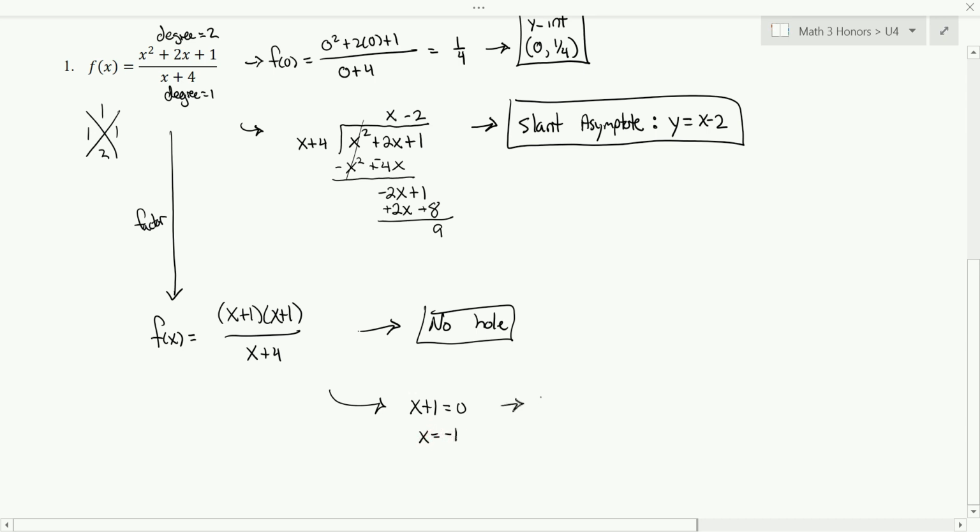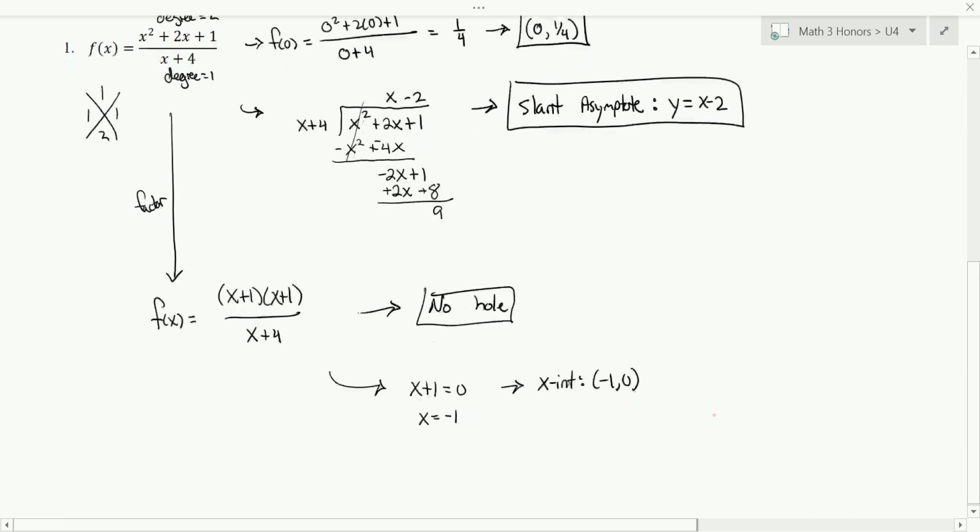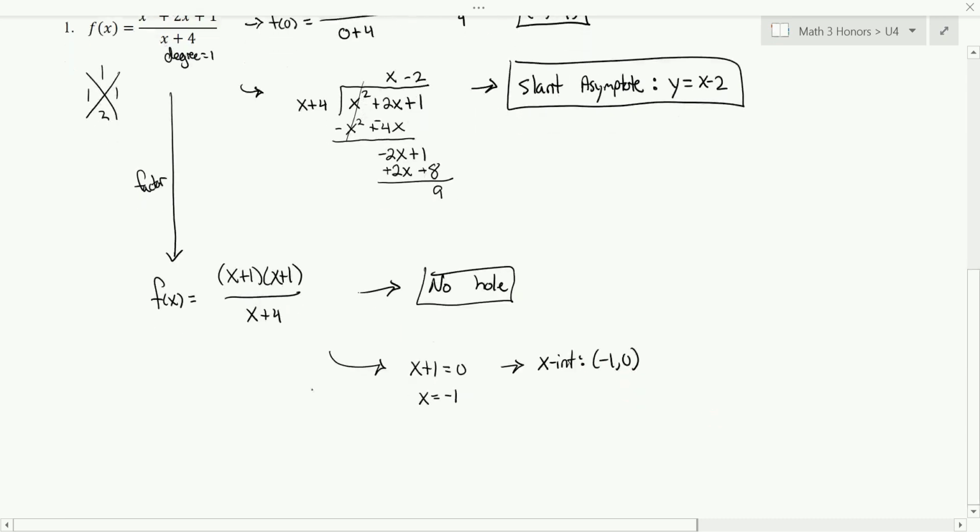So we have an x-intercept at negative 1, 0. And then the last step before graphing is check for a vertical asymptote. So grab the denominator, x plus 4.